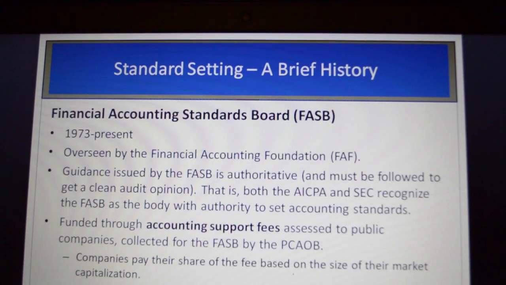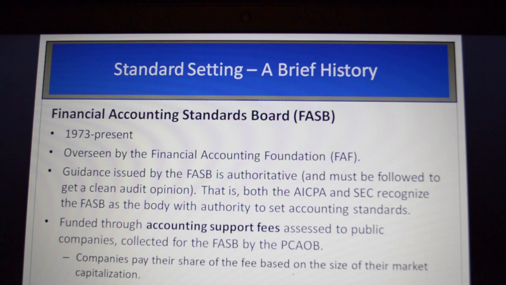Financial Accounting Standards Board. It was formed in 1973 and it is still active. Overseen by the Financial Accounting Foundation, FAF. Guidance issued by the FASB is authoritative and must be followed to get a clean audit opinion. That is, both the AICPA and SEC recognize the FASB as a body with authority to set accounting standards.